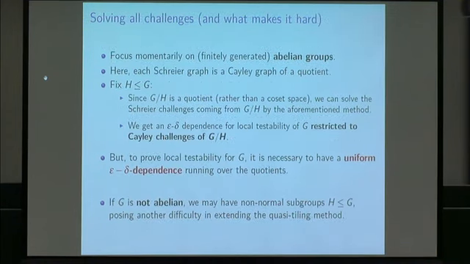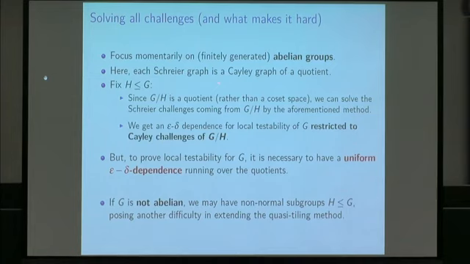I'm going to talk about it and at least convince you why solving all the challenges is hard. Let's focus in the first part of this slide on abelian groups. All of those Schreier challenges are in fact Cayley graphs of quotients, because in abelian groups every subgroup is normal, so I don't really have coset spaces. They're just groups.